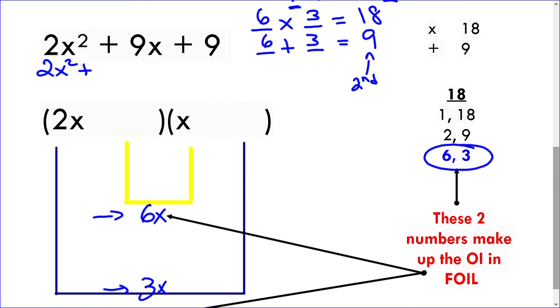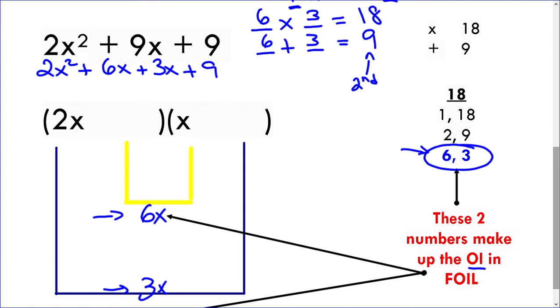So I'd have a 6x term plus a 3x term that I could take out and split apart, because really 6x plus 3x makes 9x. So I'm not changing the expression any, I'm just using our factors and this idea of these outside-inside terms to figure out what I need.